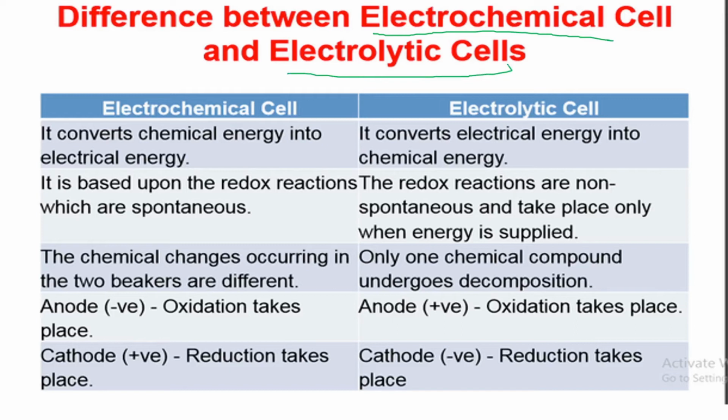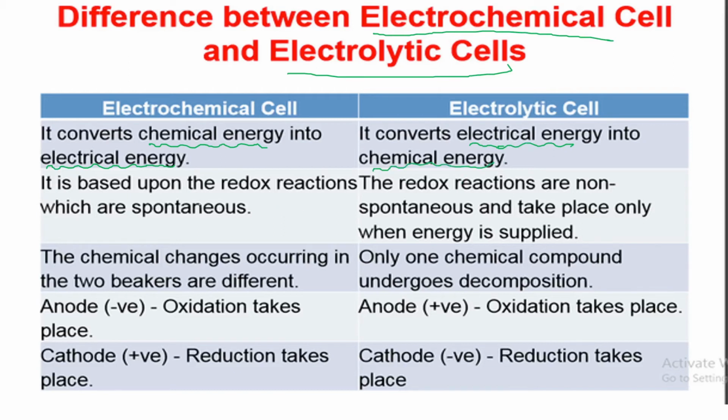Just go through that. Electrochemical cells convert chemical energy into electrical energy. What about electrolytic cells? Just opposite. Here the chemical energy is converted to electrical energy, but in electrolytic cells the electrical energy is converted to chemical energy.